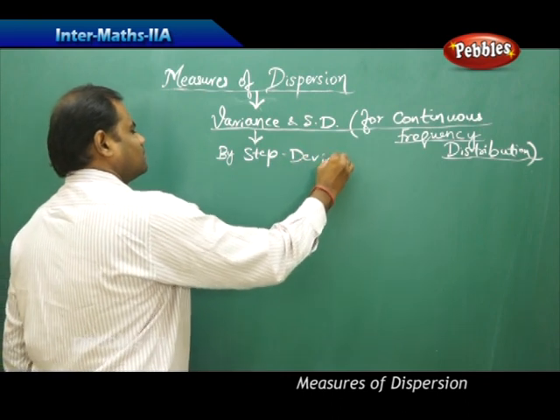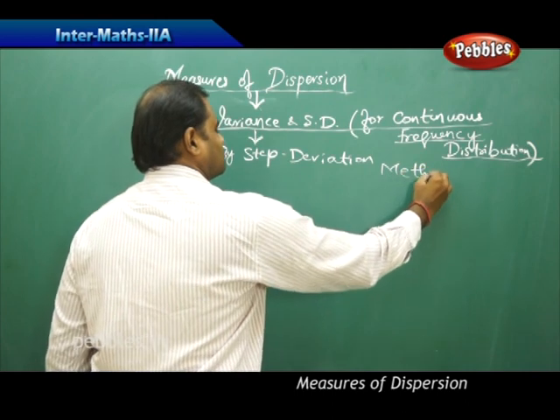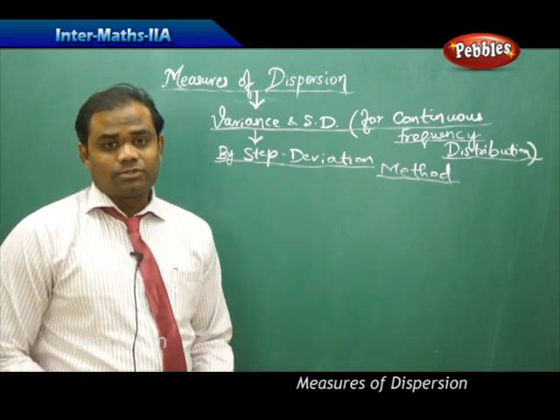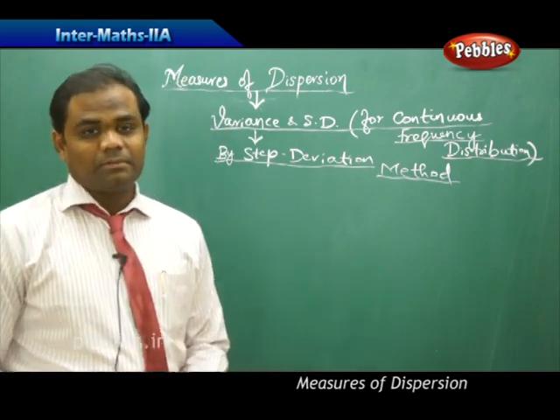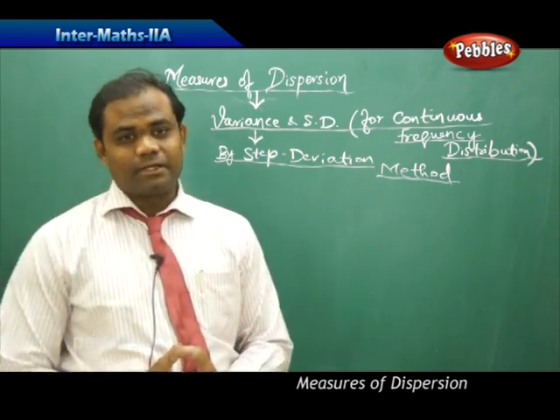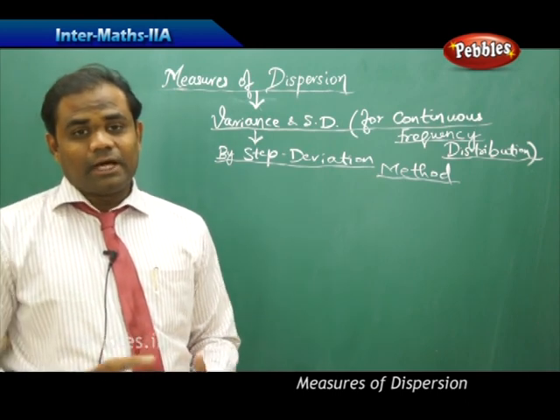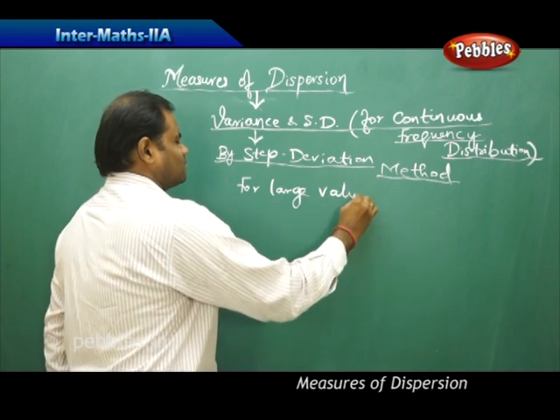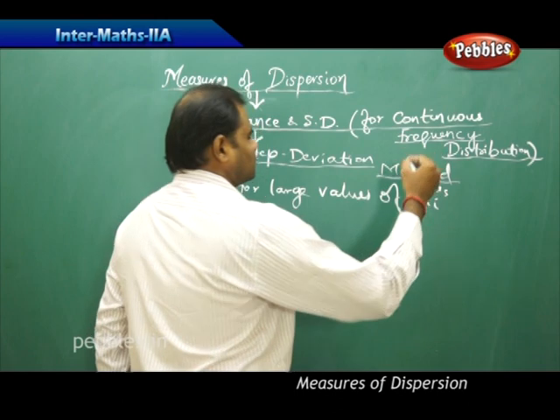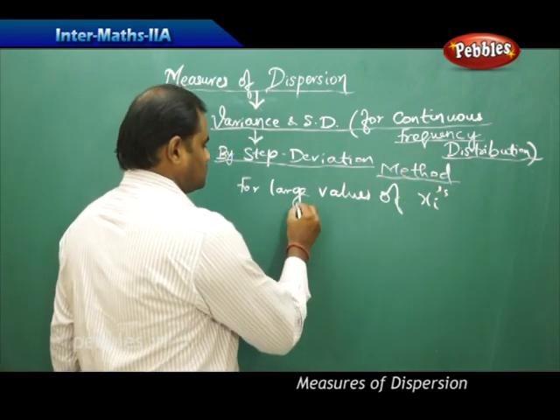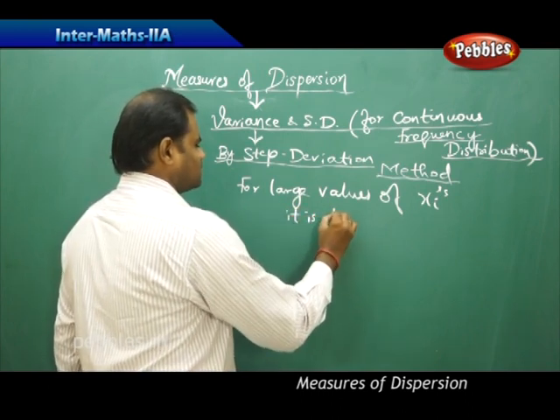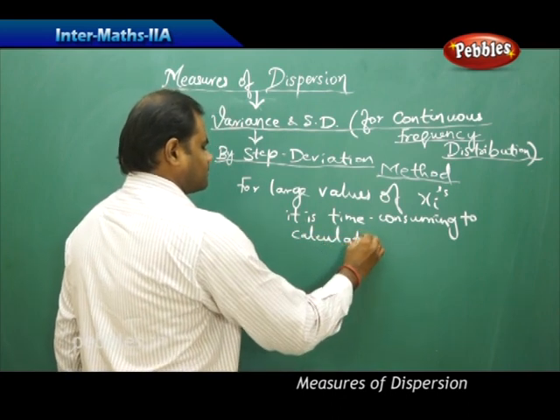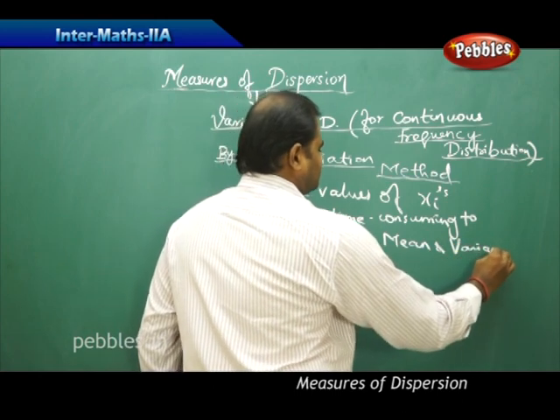By step deviation method. Now why we need to use the step deviation method is also very important here, because sometimes when we use the formula for variance and standard deviation, we have very large values of midpoints xi. When we have large values of xi, it is difficult and time consuming to calculate the mean and variance.